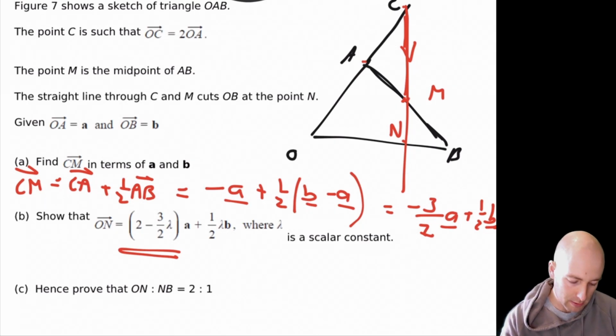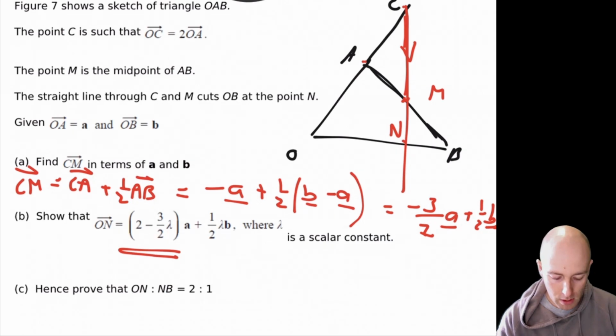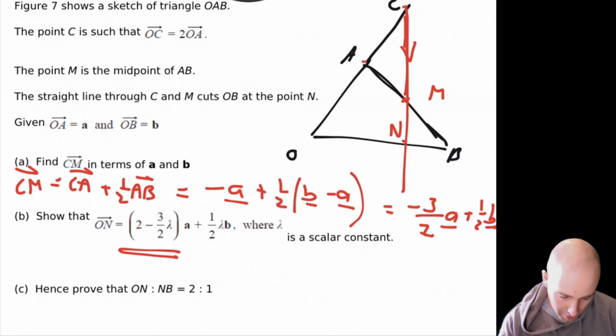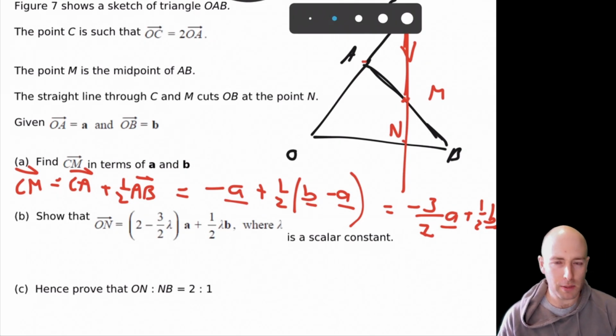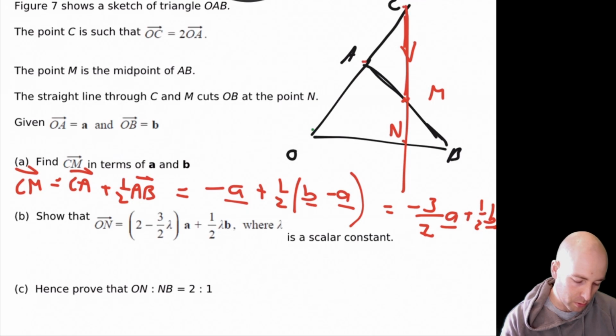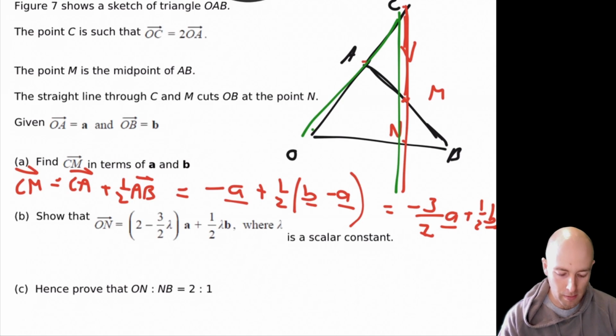So 2A would take us up to C. So we've got OC here by the looks of it. Then we're taking away 3 over 2 A. Okay, yeah, that's what we're doing. Alright, so their route here, you can spot what they're doing. They're saying go from O to C, and then go a bit in that direction there.